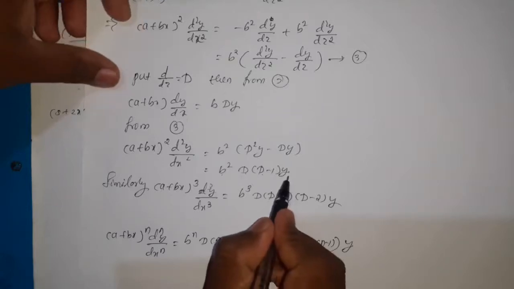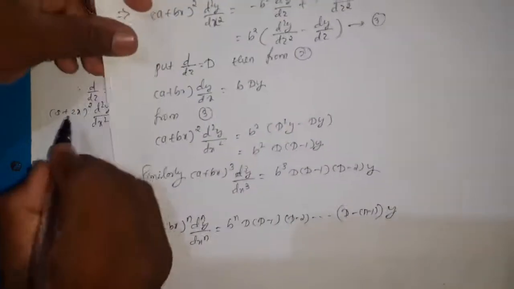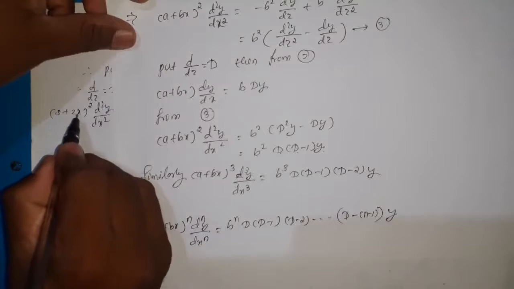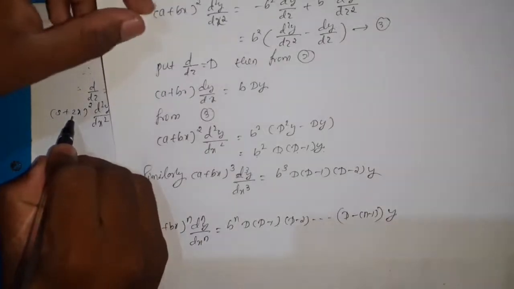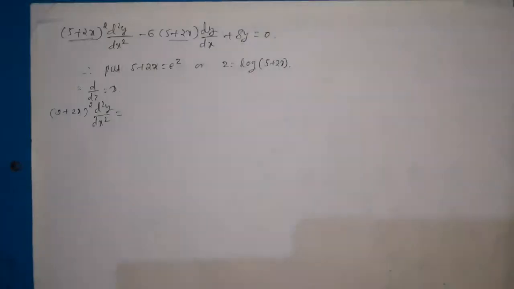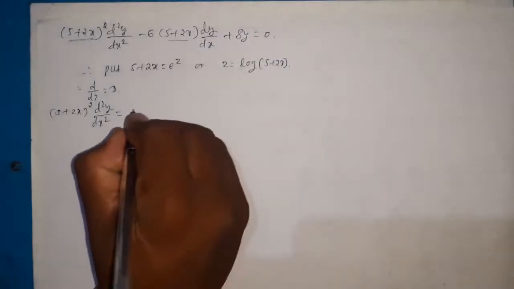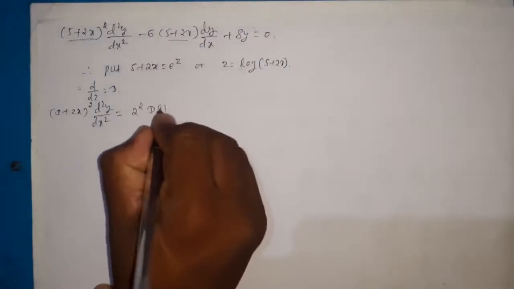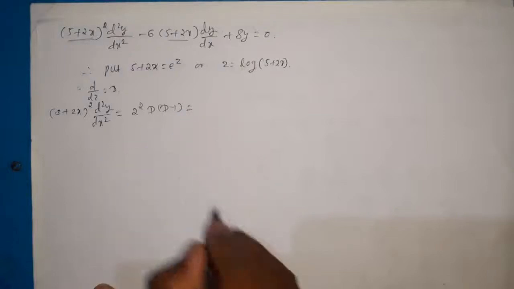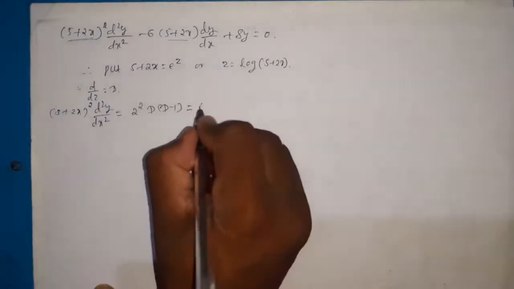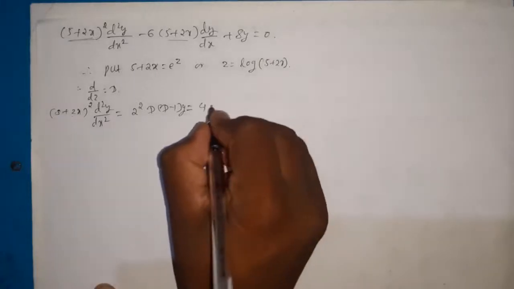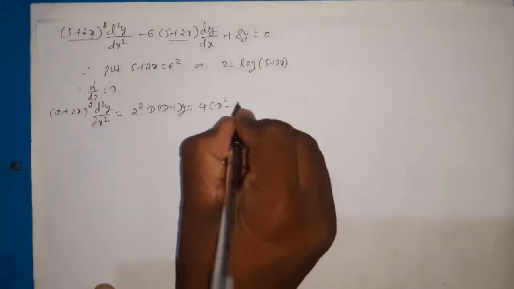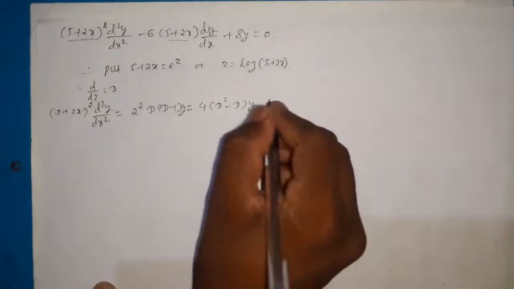Here b is equal to 2, because the coefficient of x in the linear expression is b. So this becomes 2² D(D − 1), which is 4(D² − D) y.